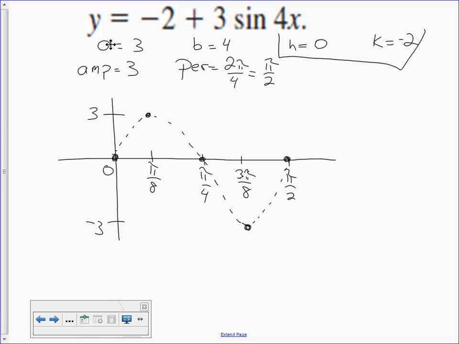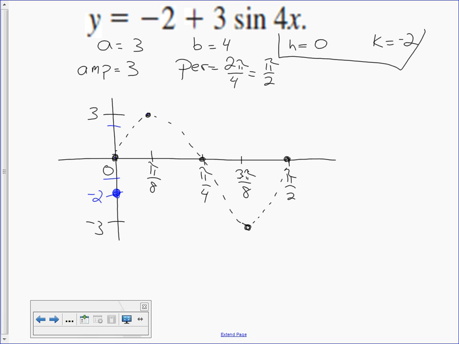Now, in this case here, there is no horizontal shift, but each one of these points needs to be moved what direction? Once again, there is no horizontal shift, so each one of these points has to go down. Since my K value is -2, I'm going to change colors here. Instead of being at 0, I'm going to be at -2.